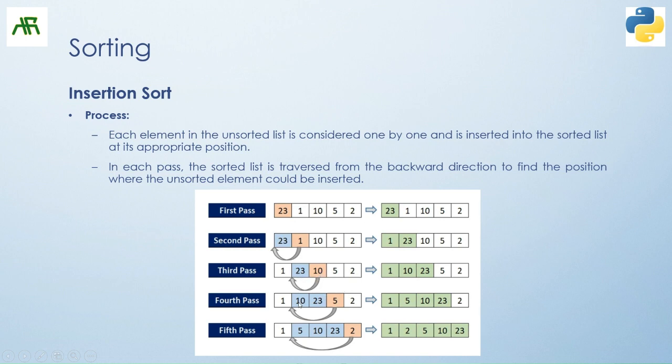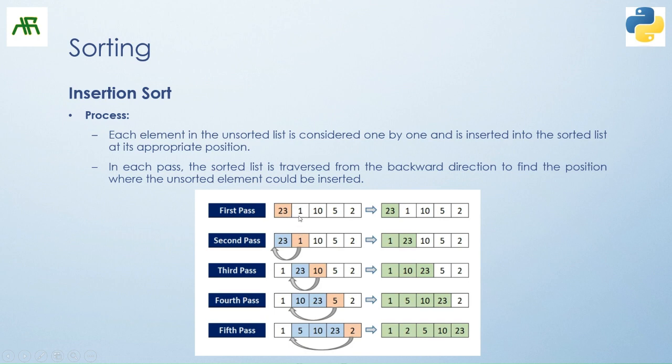And in the fourth pass, 5 should come before 1 and 10, and the final 2 comes before 5 and after 1. It's basically positioning: taking one element at a time and seeing where to fit it in based on the order we want. If it is descending, it will be totally the opposite.